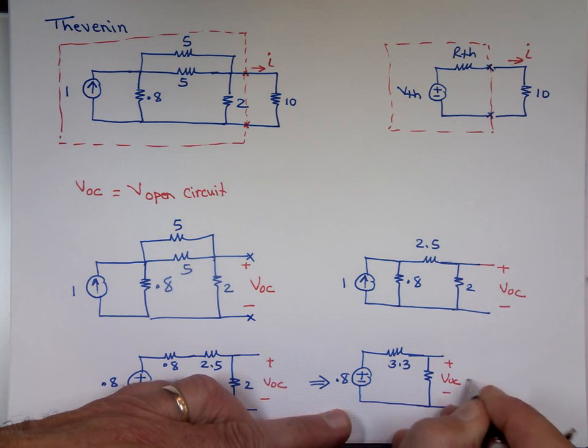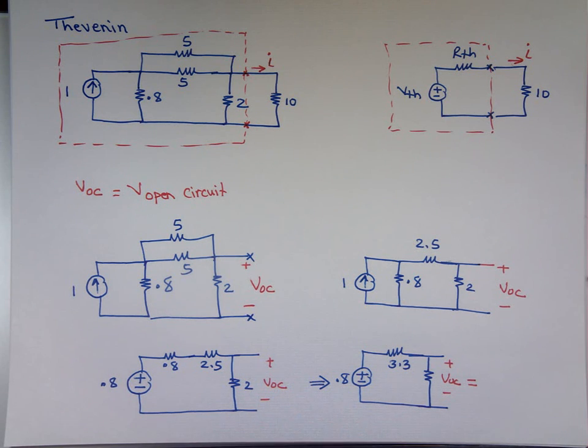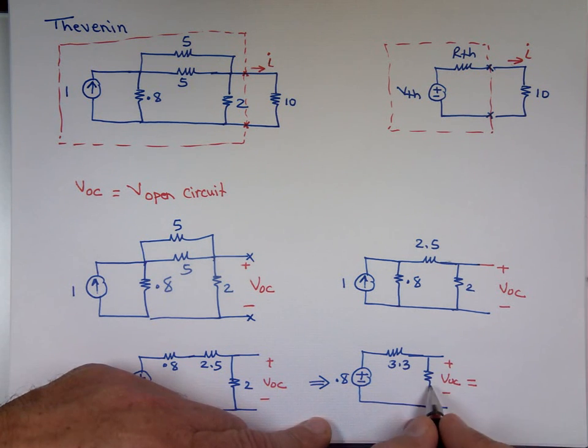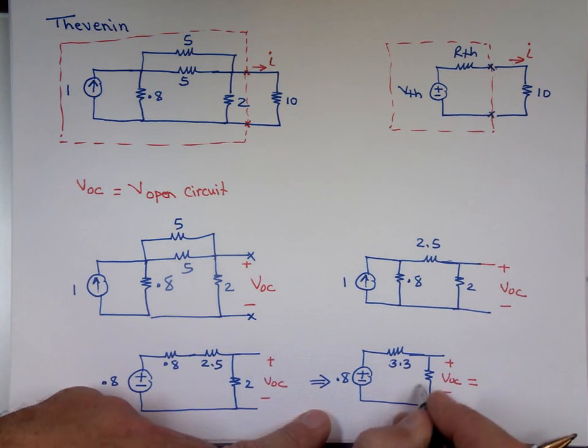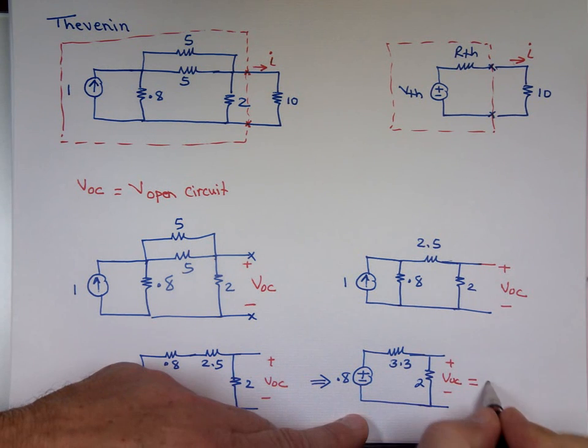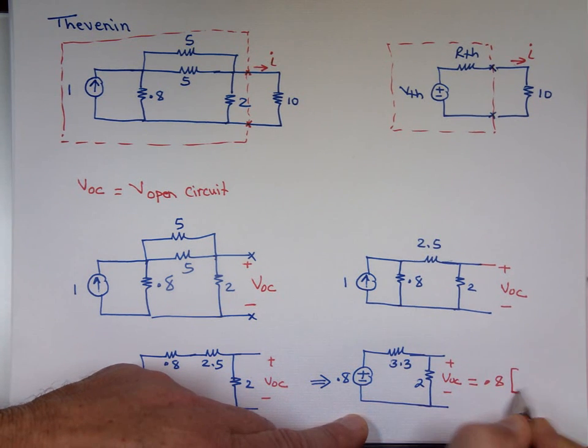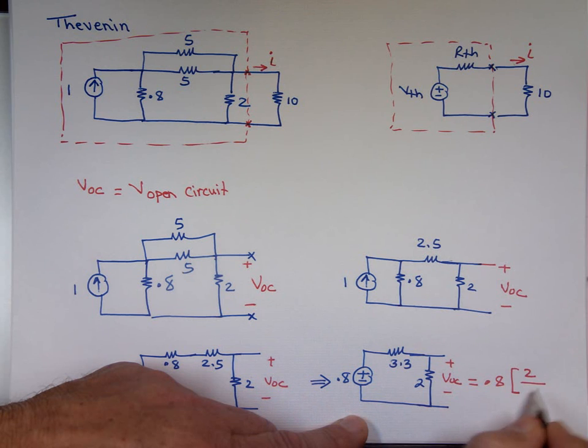And V open circuit is going to be voltage division. It is the voltage across that resistor, the 2 ohm resistor right here. So it's going to be 0.8 times 2 over the sum of these two, which is 5.3. So what is V open circuit going to be?